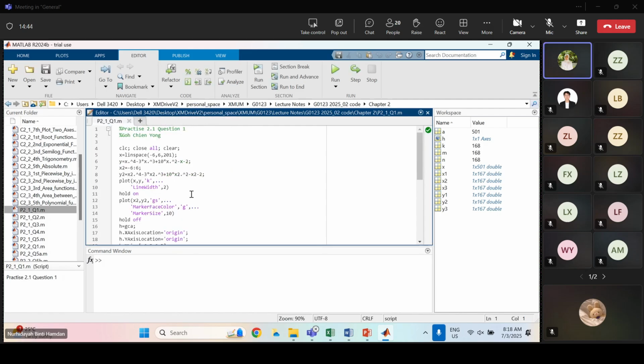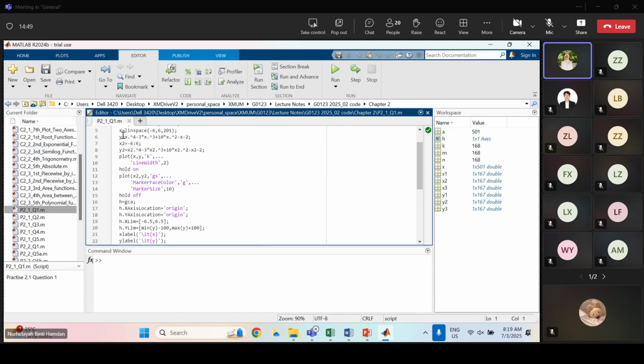So this one is okay. I copy the code and I paste it in Teams.